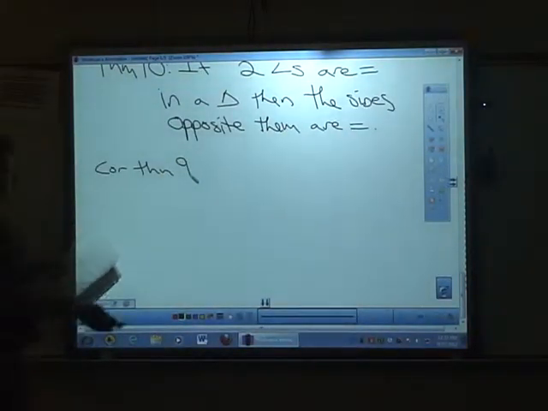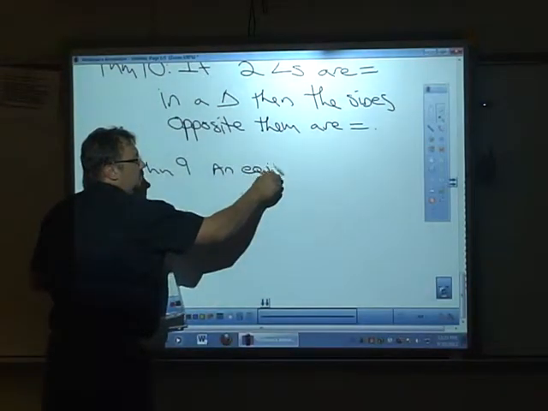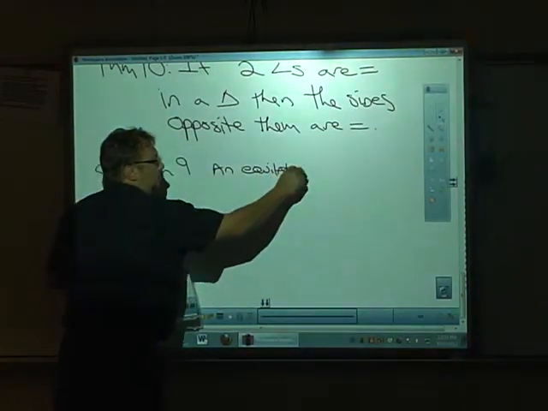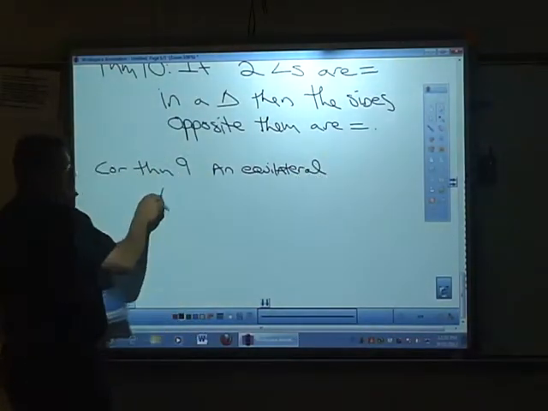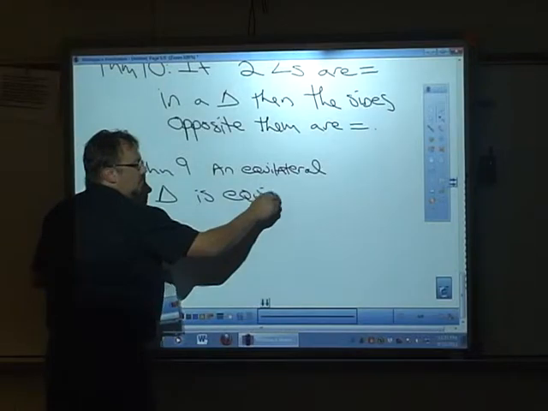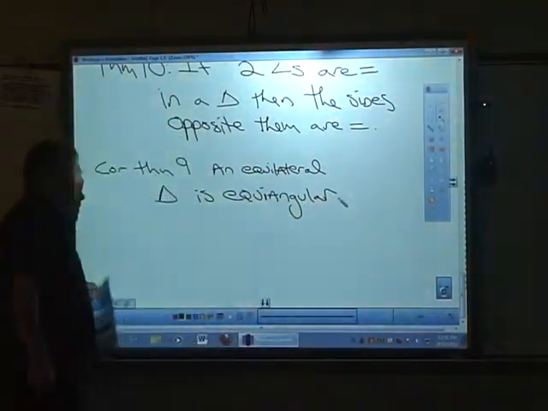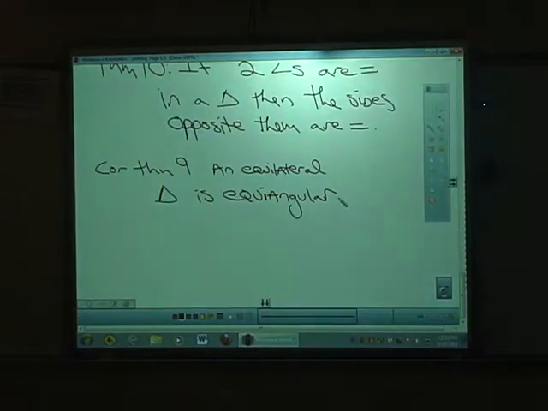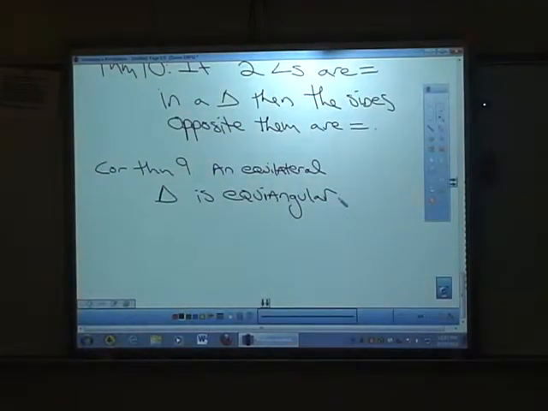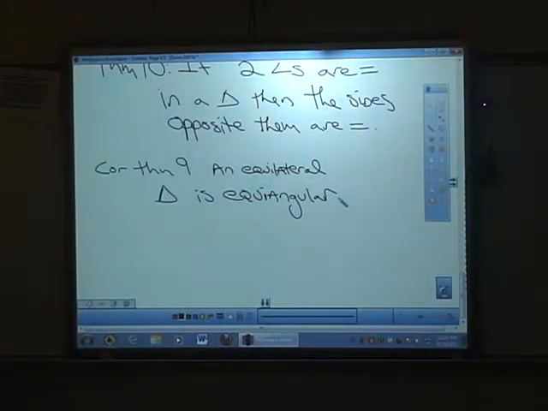And so what it says is an equilateral triangle is equiangular. Meaning again, if a triangle has all equal sides, then it also has all equal angles.